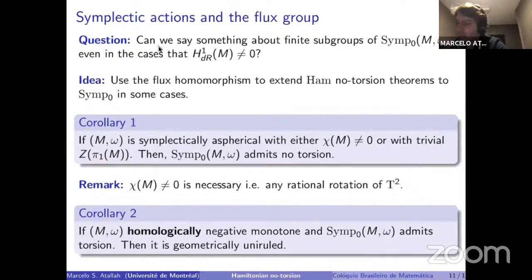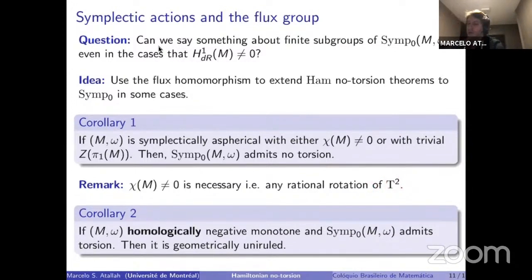I'd like to remark that the non-zero Euler characteristic condition is essential, because one can consider the symplectic torus, for example, and look at any rational rotation, and that's going to give us an example of Symp0 torsion. But as we know, the Euler characteristic of the torus is 0, so that's not covered by corollary 1.